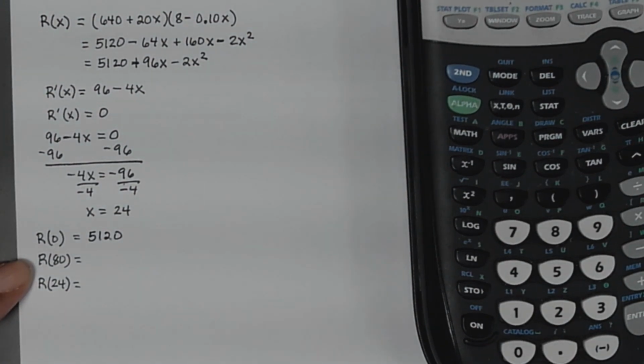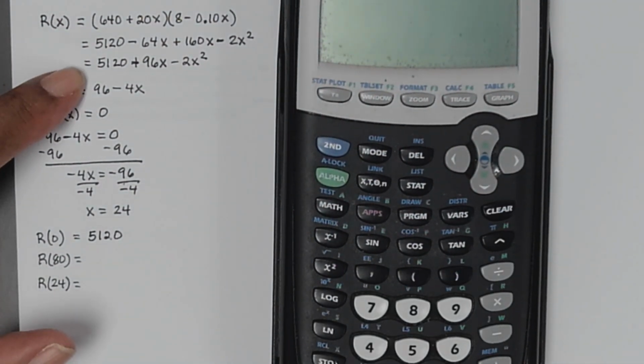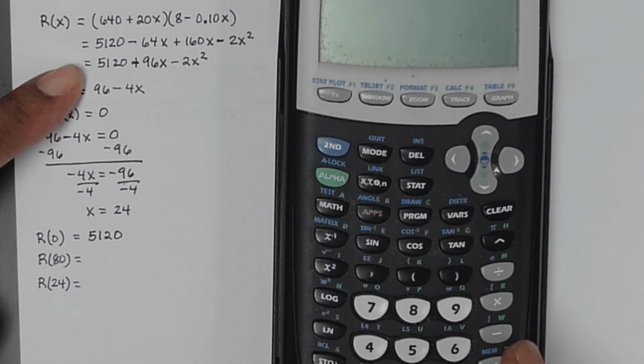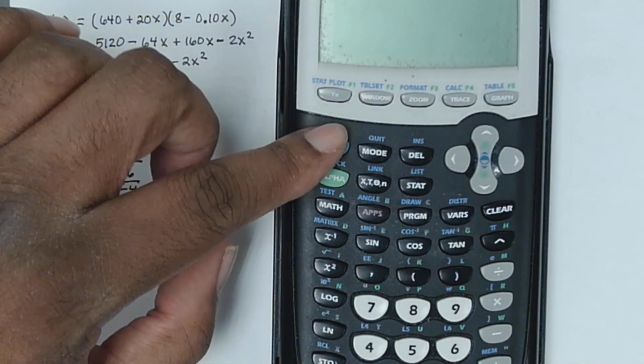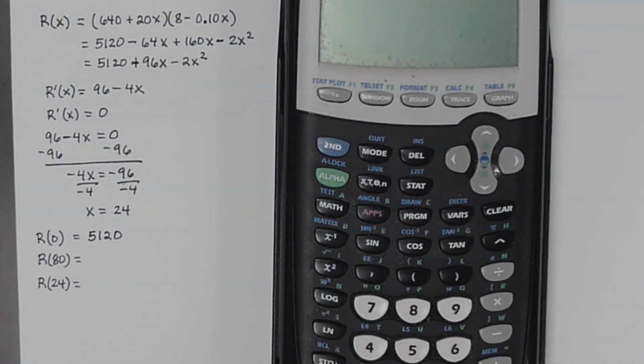For R of 80, using this R of x function, it would be 5120 plus 96. By the way, let me redo this one, because this should be a plus 96, not minus 96.